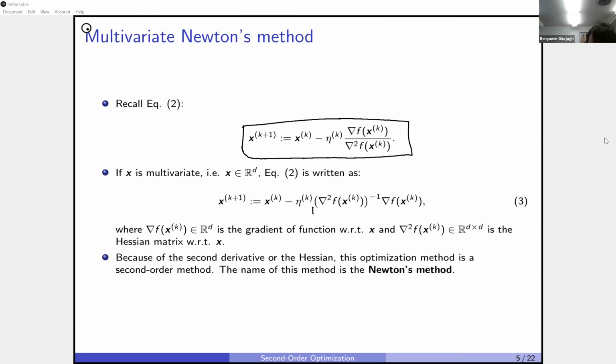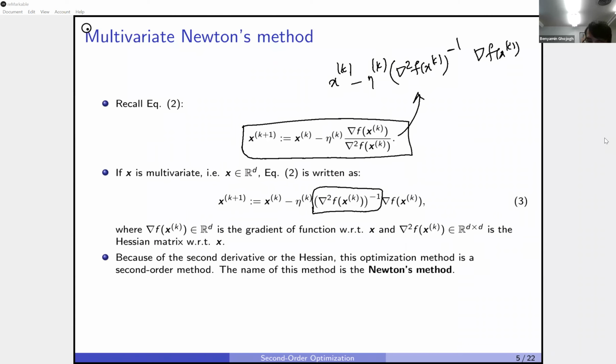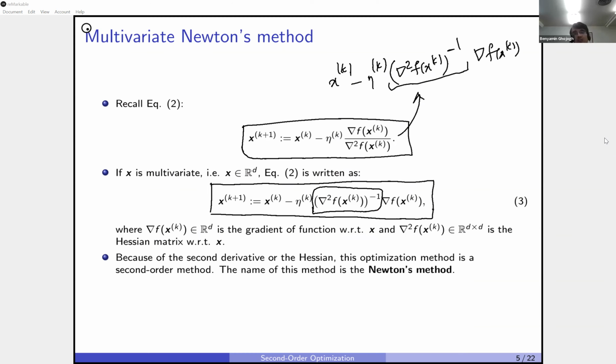We should write it as the inverse of the matrix. Even if it's a scalar, you can write the denominator in this way, right? Now, when it's a matrix, it will be the inverse of the matrix. So this is Newton's method for optimization when x is a vector.